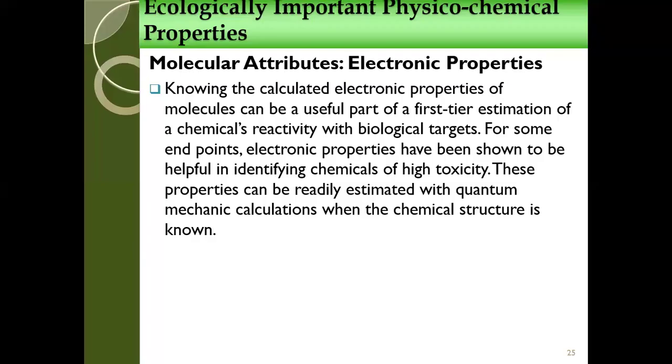Like I said, the electronic properties, that is what I mean, can be readily estimated with quantum mechanic calculations when the chemical structure is known. So if you are able to know the structure of a chemical, it is possible for you to do some predictions through this quantum mechanics.